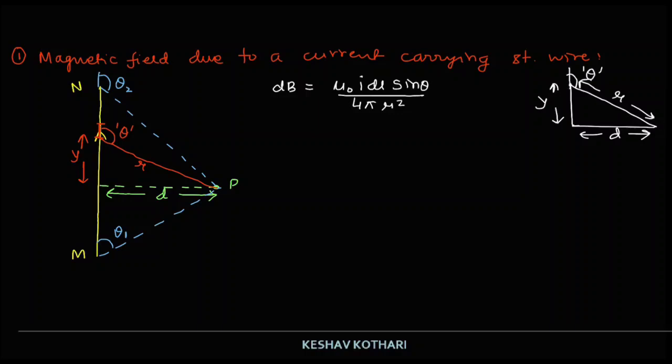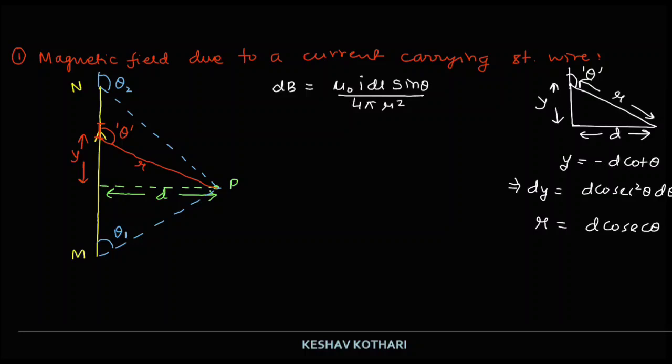For the exterior angle theta, I can write that the distance y is equal to minus d cot theta, and hence dy is d cosec square theta d theta. And from this triangle we can also put r is equal to d cosec theta.